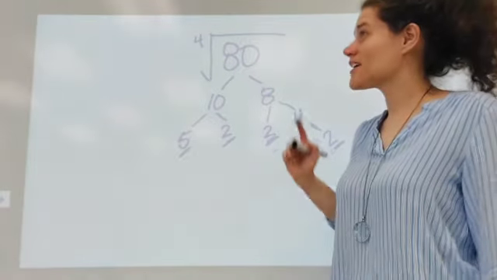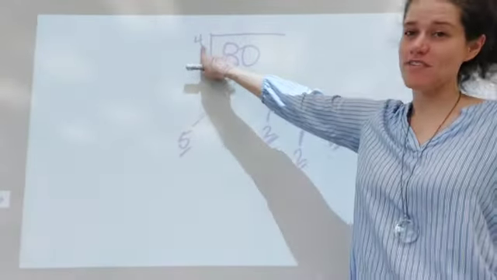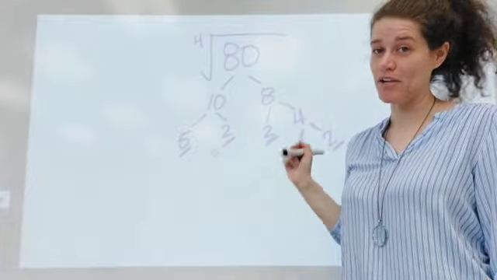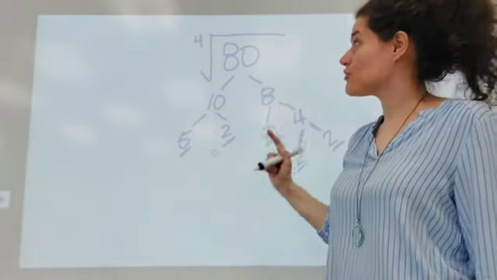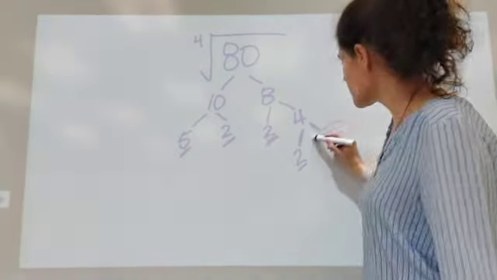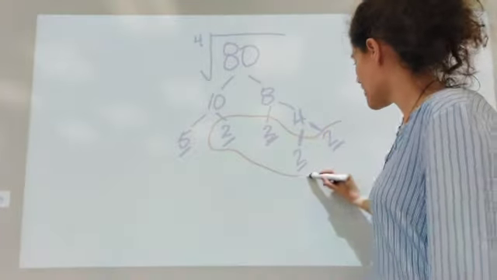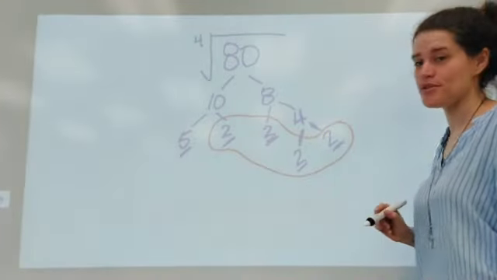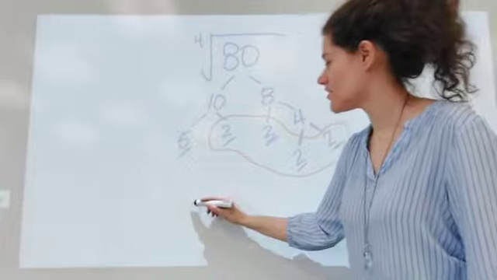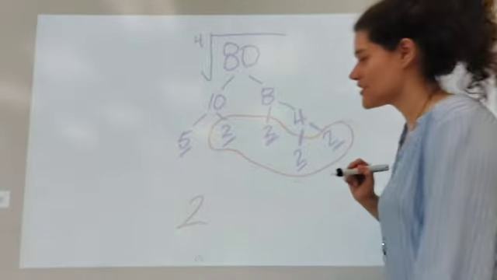And just like before, my index tells me the number I need in my group. So I need a group of 4. So right here, I've got 4 2s, which means a 2 can go to the outside.